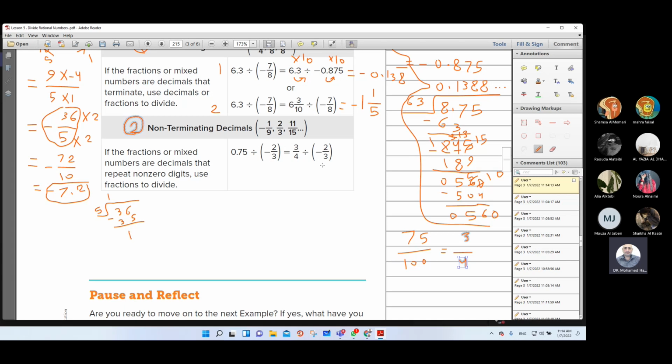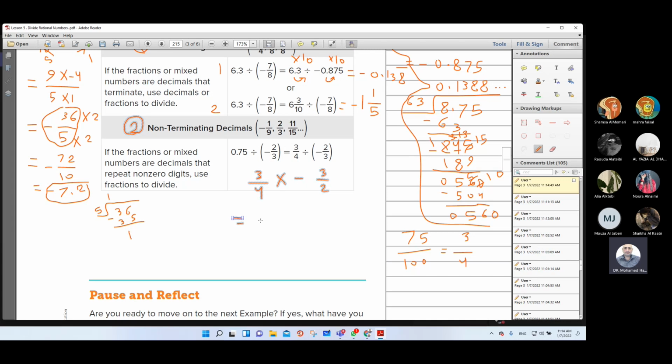Here you can use the rule. Keep the same numerator. Change the divide to the multiply. Then find the reciprocal. Then you can do simplest form if you can. Here we cannot do any simplest form, so we can multiply here.